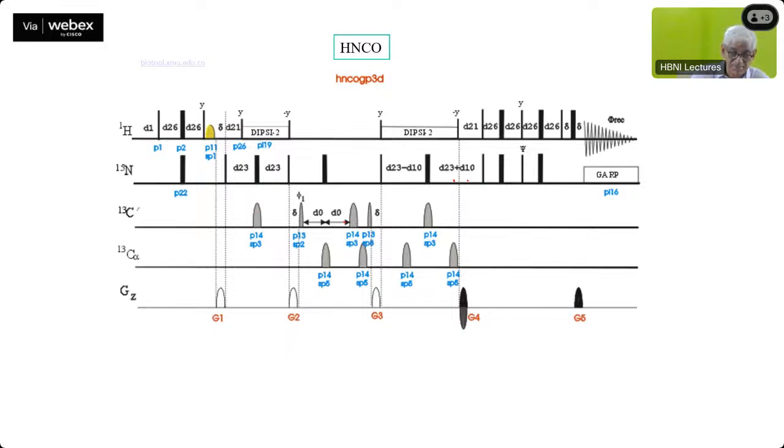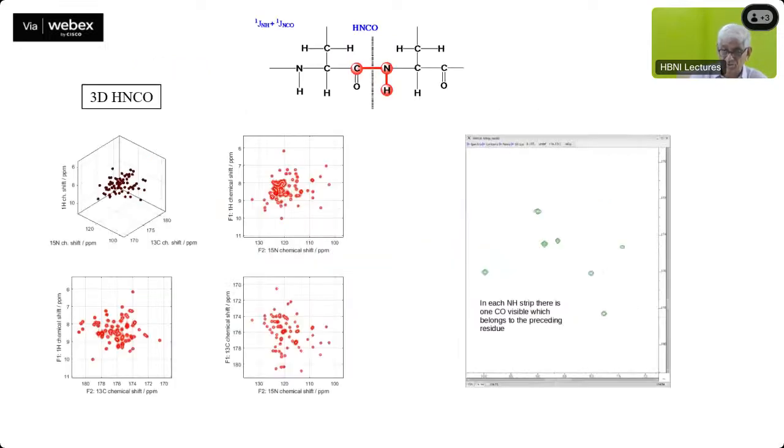You see, these are all shaped pulses, not rectangular ones, applied to the C alpha or to the CO, indicated by the shaped pulses. Hard pulses are the black squares. And here you have the gradients. We have discussed the gradients earlier, the crusher gradients and various gradients are used. That is the HNCO experiment.